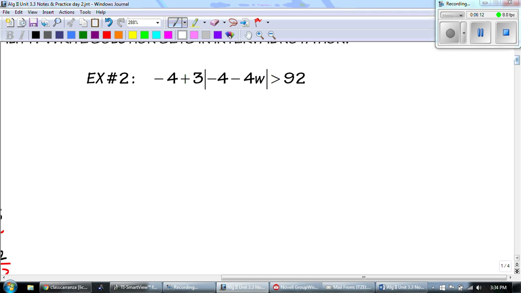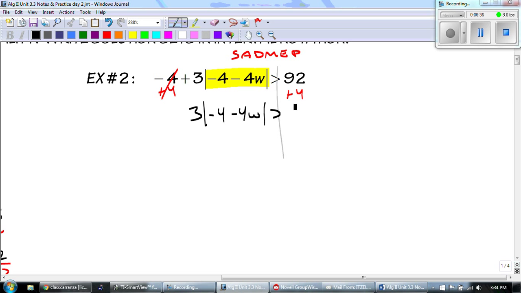Example number 2. Remember, we need to get the absolute value by itself, so we need to follow SADMAP. Okay, reverse order of operations. I'm going to add 4 to both sides. Then we have 3 times the absolute value of -4 minus 4w is greater than 96.